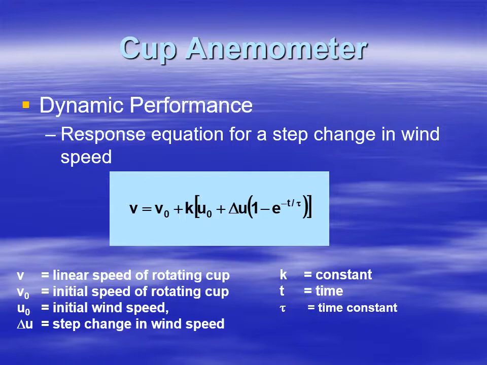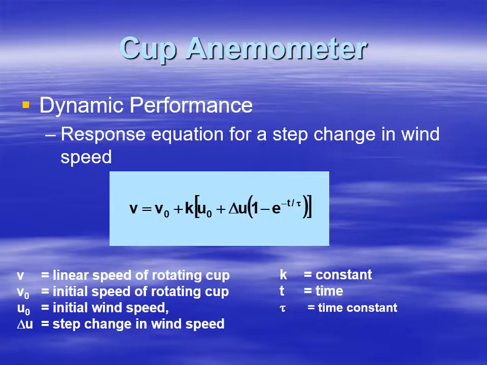Also, there's a constant K. U naught is the wind speed. In this case, V is the cup speed, but U naught is the wind speed, and delta U is the change in the wind speed. And then tau is your time constant, and T is time.